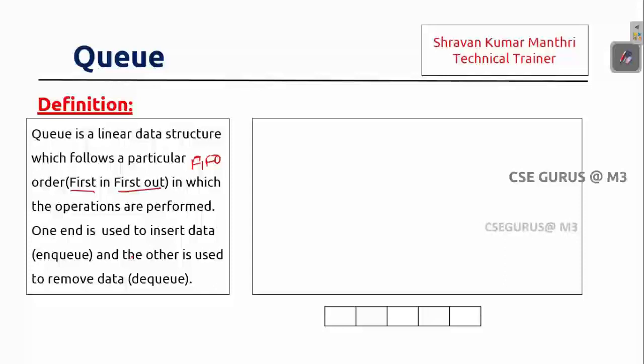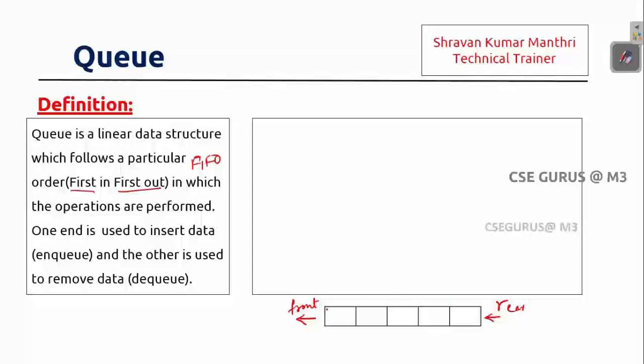Compared with the stack, where you use only one end to insert and remove. Here, this is where you insert the elements, and this is where you delete the elements. The end where you insert is called rear, and the end where you delete is called front. From front you can always delete the elements in a general queue, and from rear you can always insert the elements.